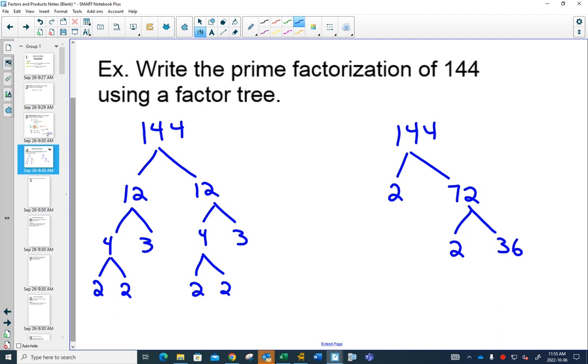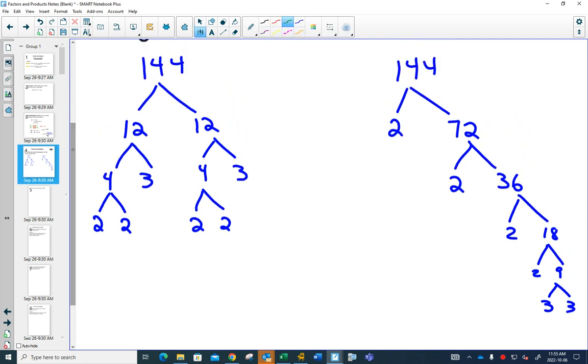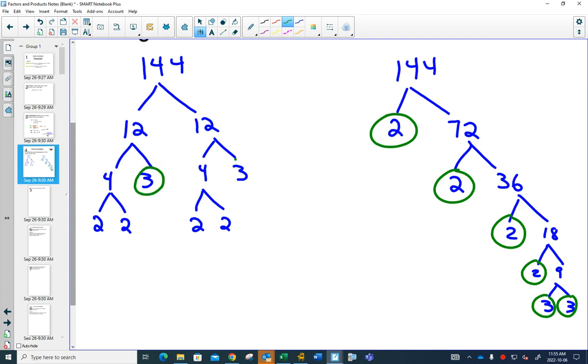The 36, 2 and 18, the 18, 2 and 9, and finally the 9, 3 and 3. Some people like to take out a different color pen, and once they get a prime factor, they circle it. And here I got my 3's, and then here I got my 2's.